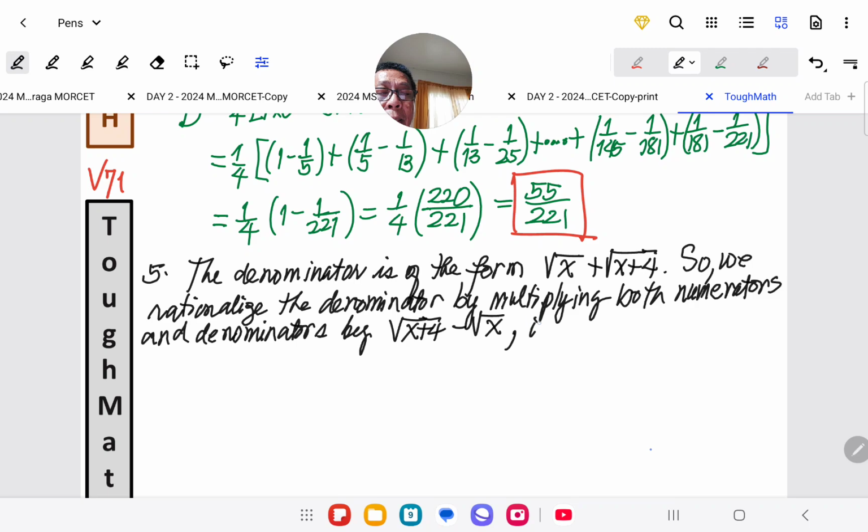That is, we have e, since 8 is common, so we can put it outside. So we have 8.